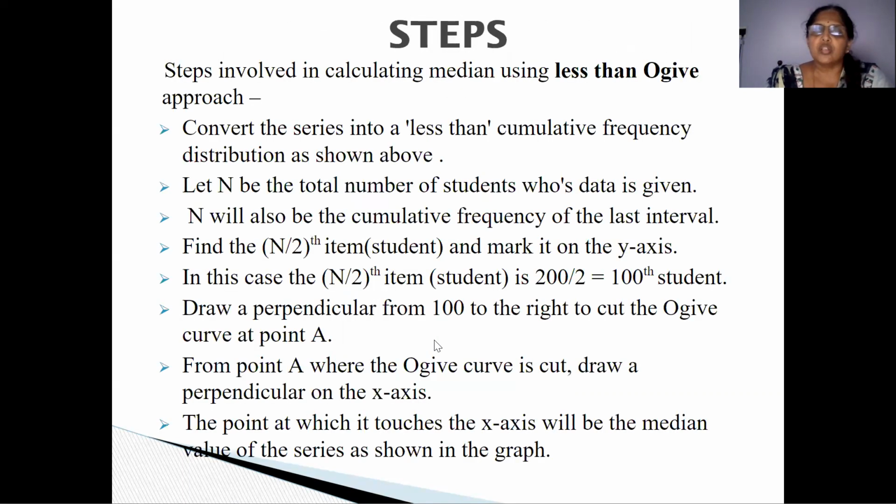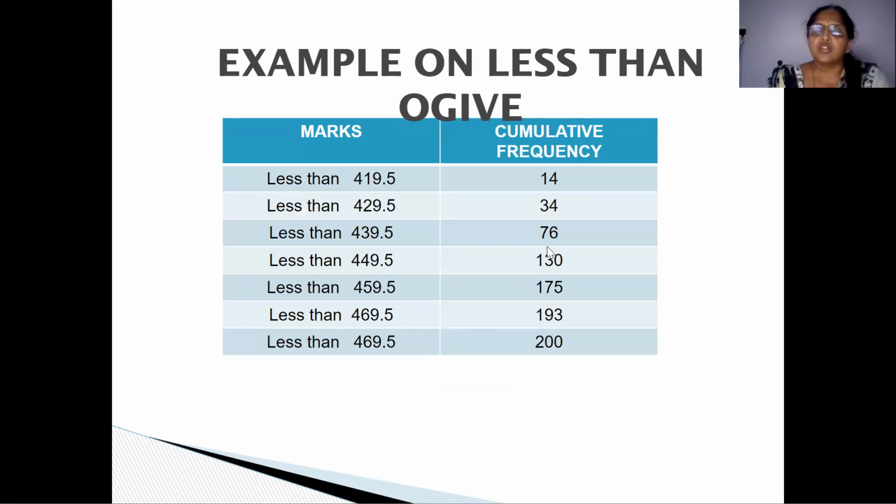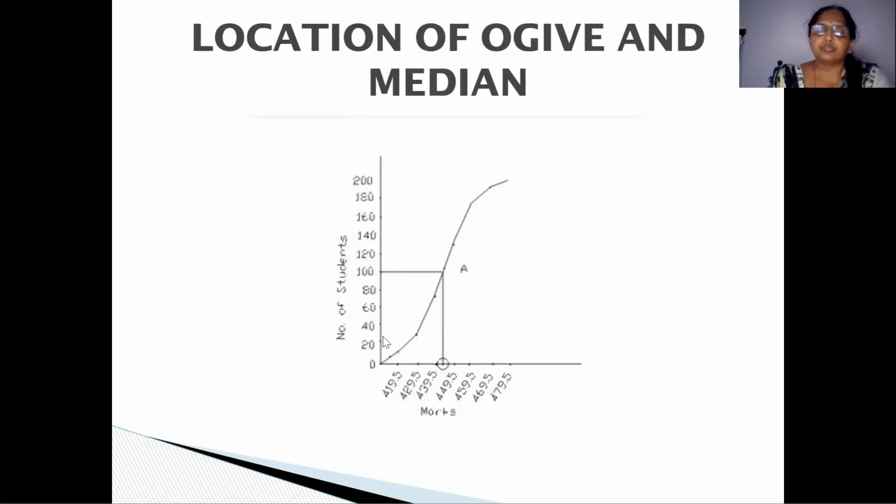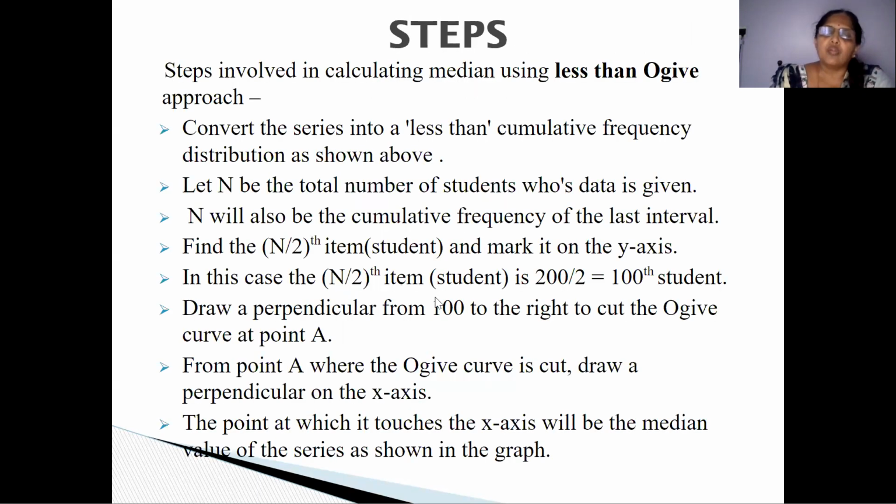Similarly, what about the third point? It is 76. Seventy is here, and 76 comes near to this point. This is the first, second, third point. Similarly, the next point is 130. The procedure I have given is to first convert the class intervals into a cumulative series.